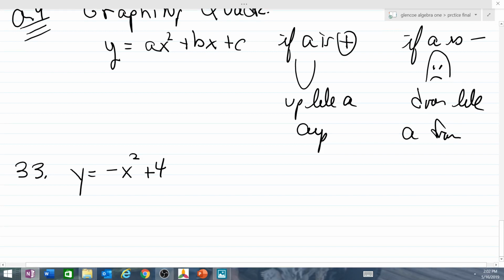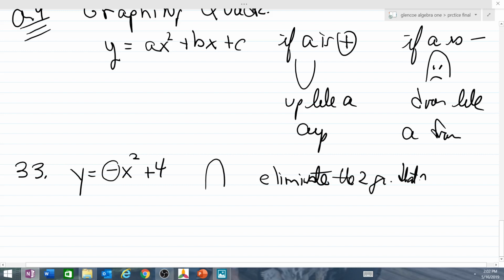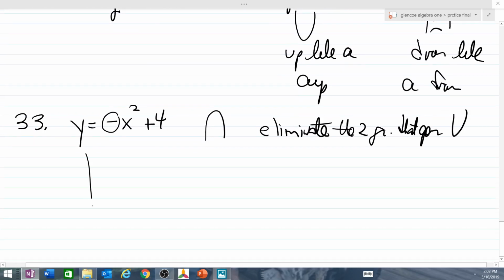So here's my equation, y equals negative x squared plus 4. Please notice that there's a minus sign, which means the graph is opening up or down. Down. So the graph's going to look like this. For those of you watching online, I know you don't have my practice final in front of you, but we can eliminate the two graphs that open up. Now we have two choices, choice B and choice D. If you're not sure, let's make a table.